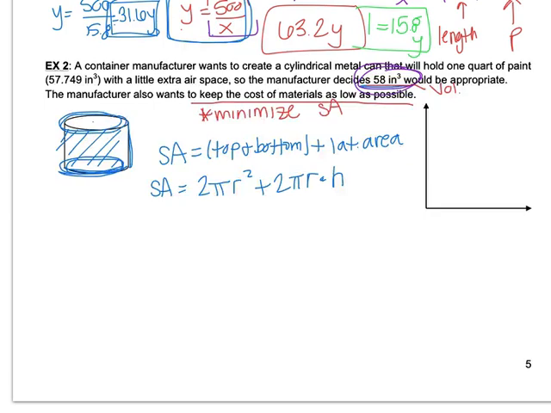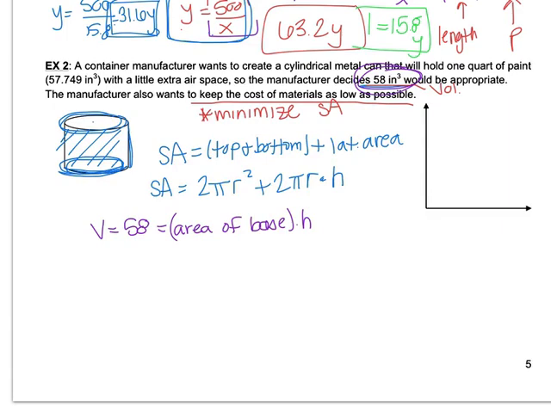So we know for sure that the volume of this can is 58 cubic inches. So we need to know the volume formula to use this. So the volume equals, for any cylinder or any prism, the area of the base times the height.